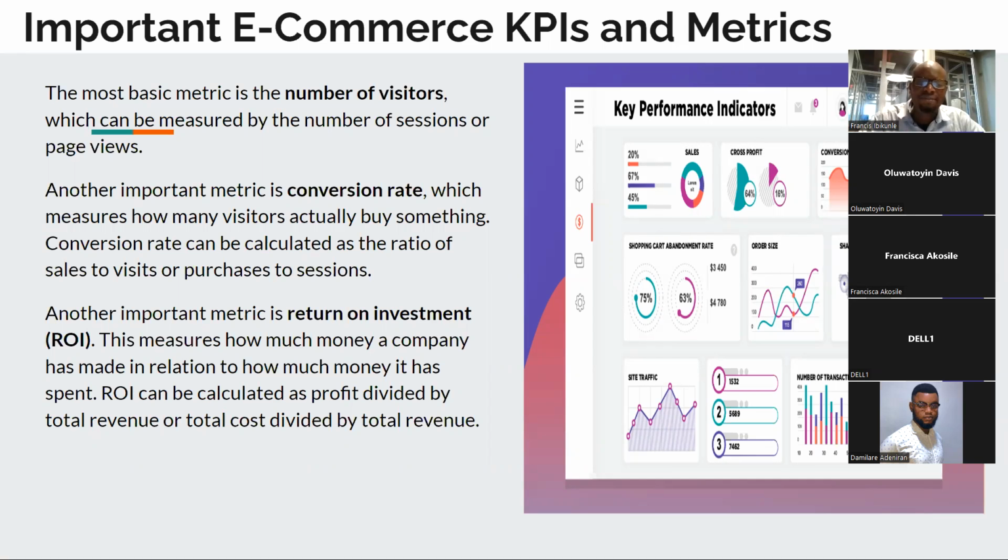It's a stage, because after a while they become interested. They become a lead. Then you can follow them up, like I've explained in a previous class. Another important metric is conversion rate, which measures how many visitors actually buy something. Conversion rate can be calculated as the ratio of sales to visits or purchases to sessions.